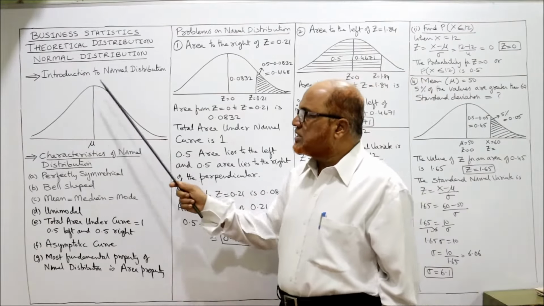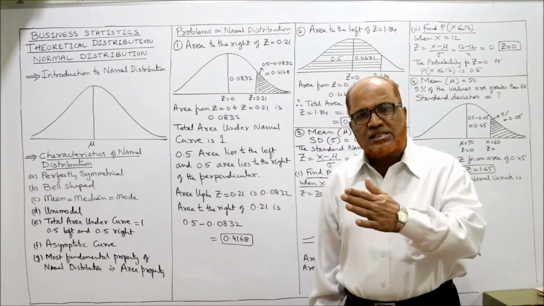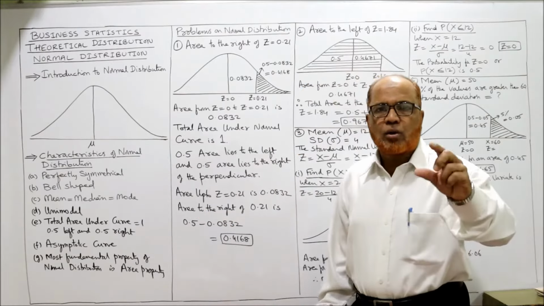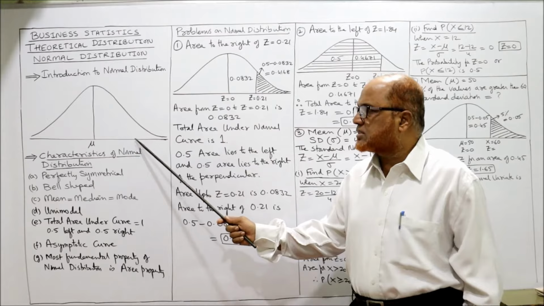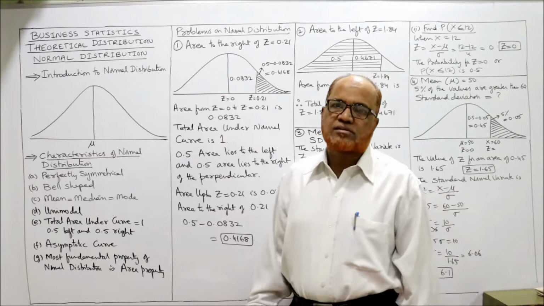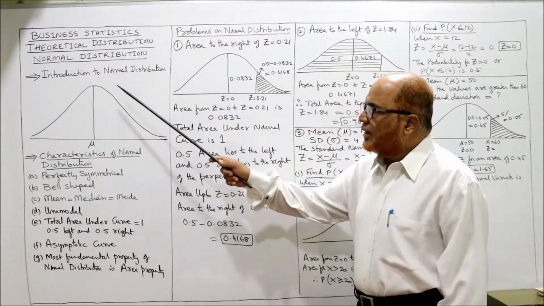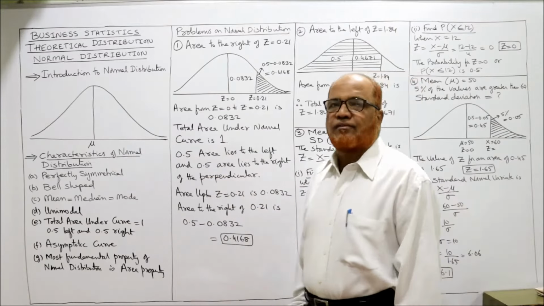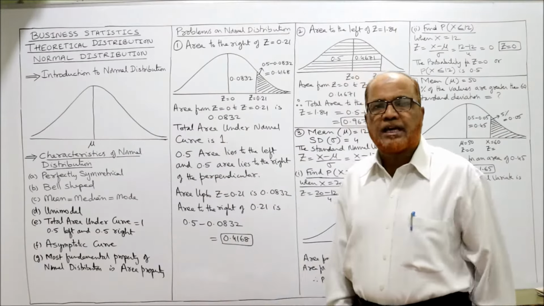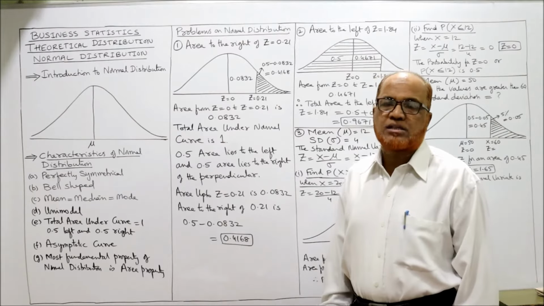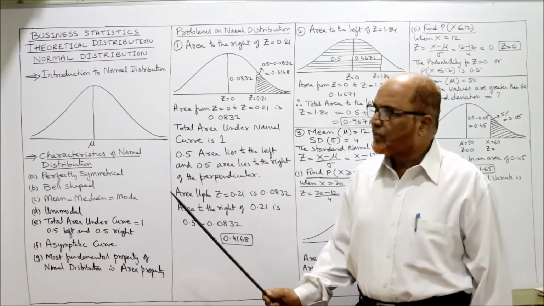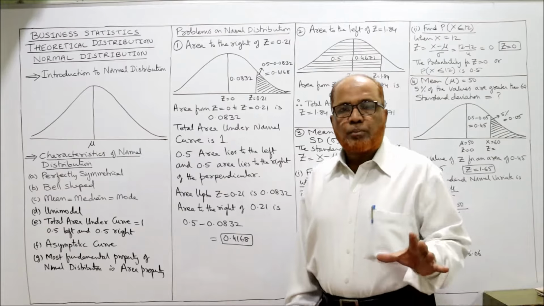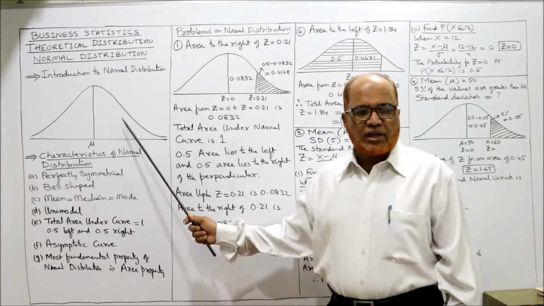The tails of this bell-shaped curve extend indefinitely, coming closer to the axis, but it will never touch the axis. So a perpendicular drawn in this curve will divide the complete area into two equal parts. It's a symmetrical curve.